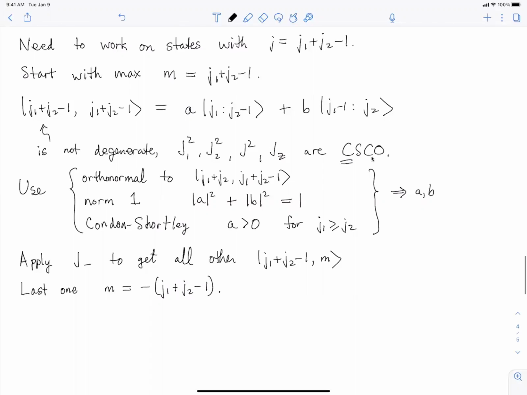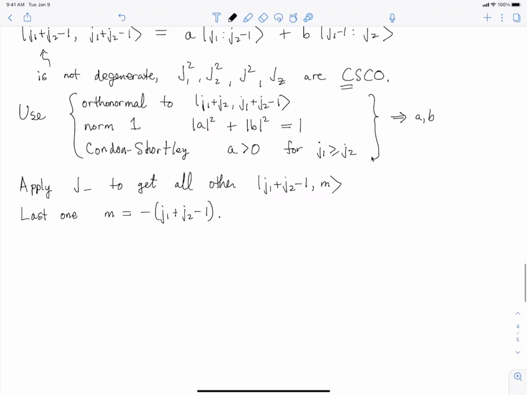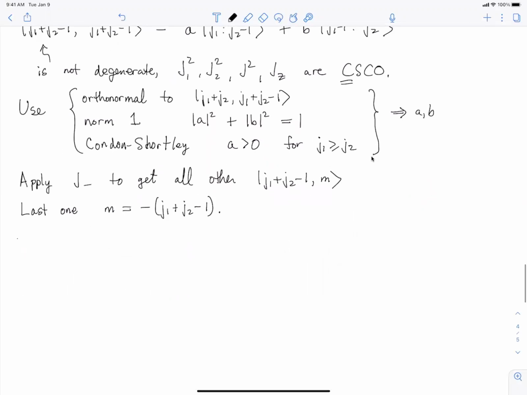Okay, so now you repeat this. Now we need states that have even lower values of J. The next lowest value of J is J1 plus J2 minus 2.